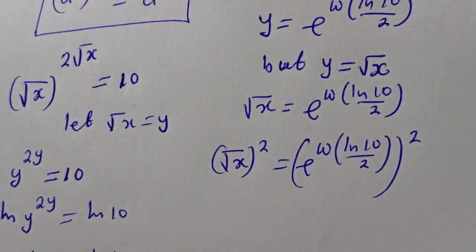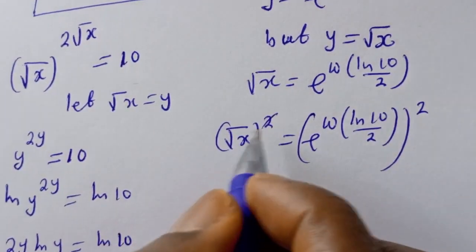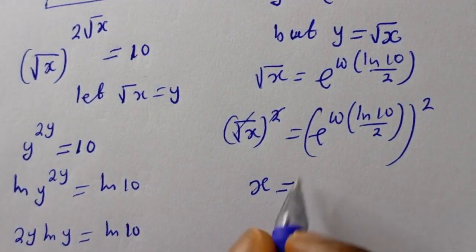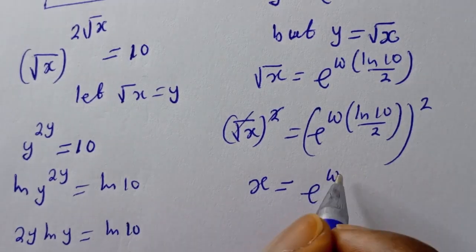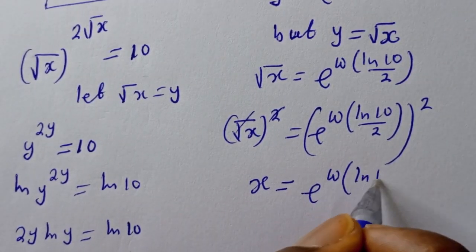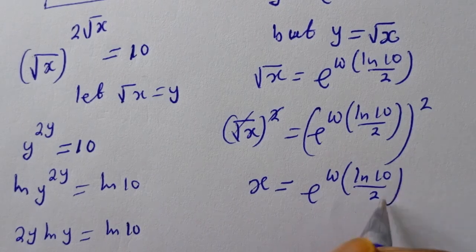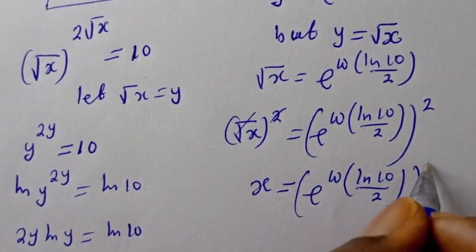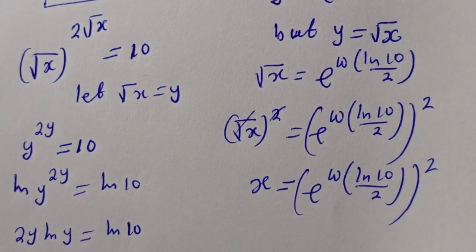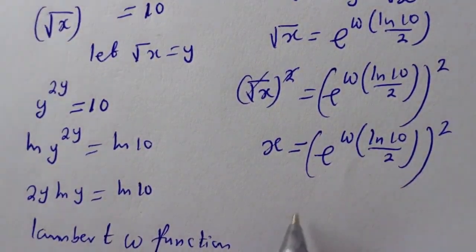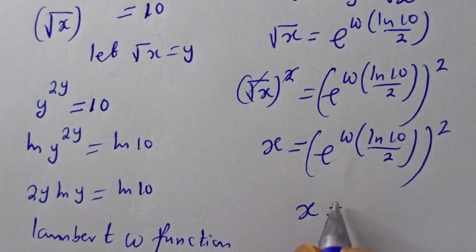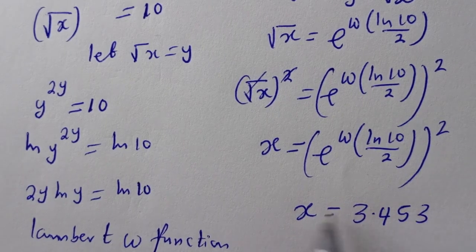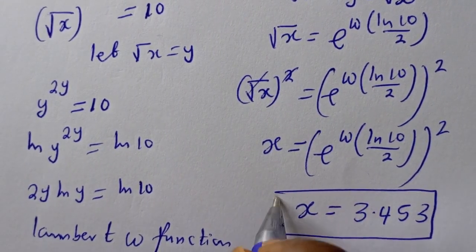This will cancel this, s is equal to e to the power of W bracket ln of 10 over 2, all squared. Now, if you press your calculator very well, s will be equal to 3.453. This is the final answer.